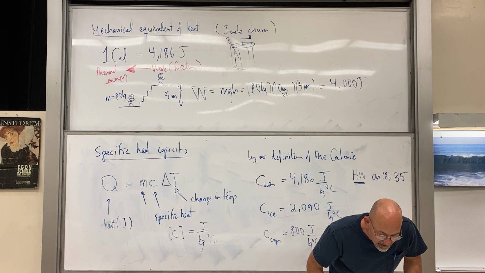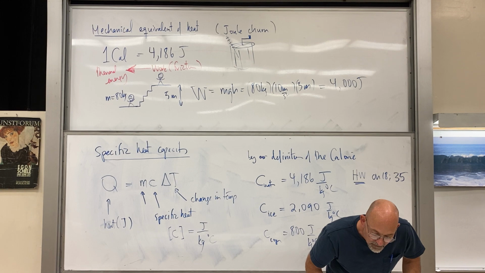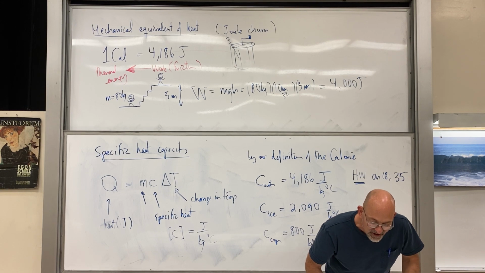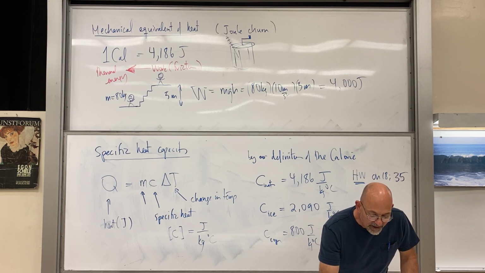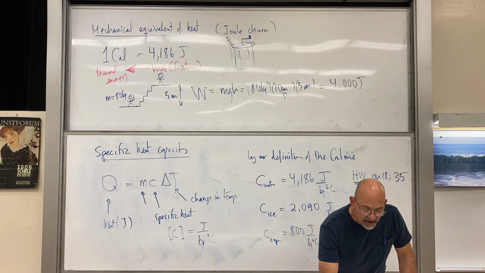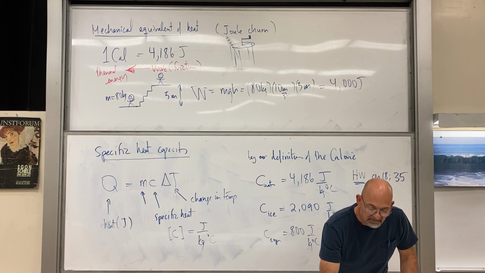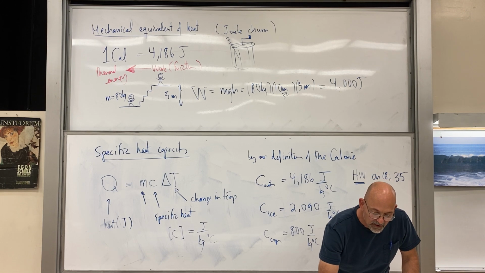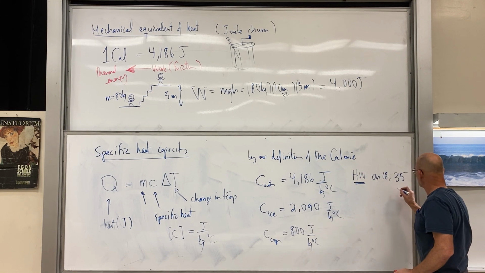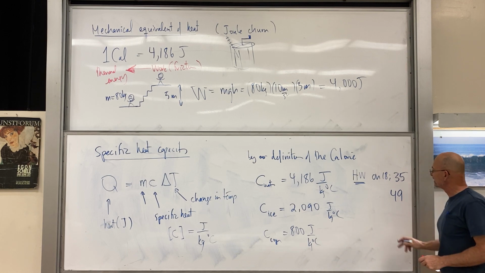The other ones need a little bit more than we've talked about so far. Actually, you know what? Problem 49 is talking about friction and heat too. It's under first law of thermodynamics. We don't need that. So problem 49 is good too. 35 and 49. In fact, these are pretty interesting problems.